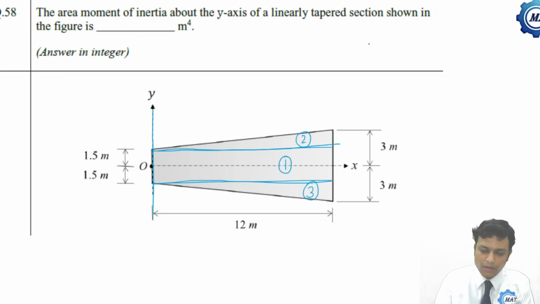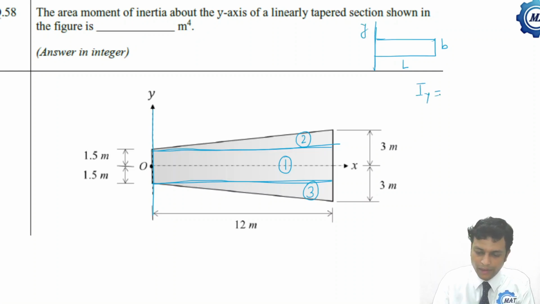So for a rectangular element, say this is the axis and this is the rectangular element. This is B, this is L. Say this is the y axis. So what should be IY? If I take an element at distance x with thickness dx, what is the area?